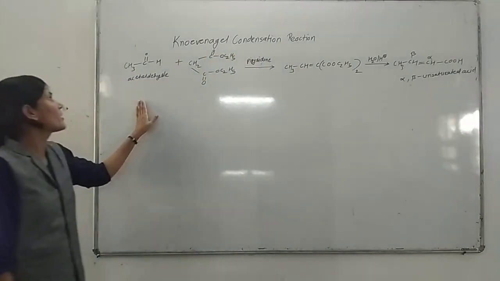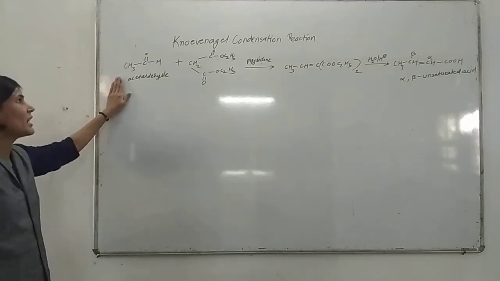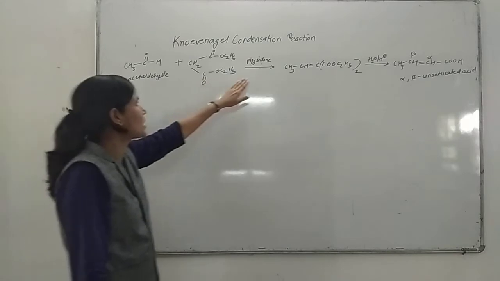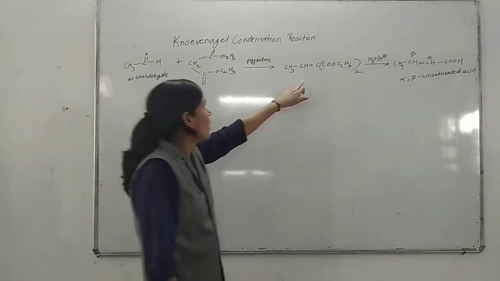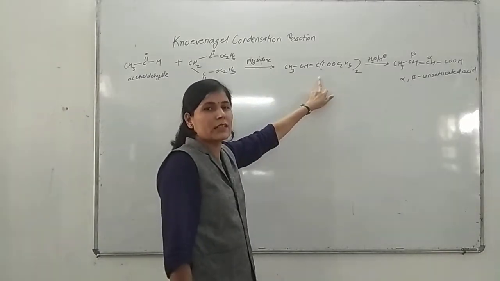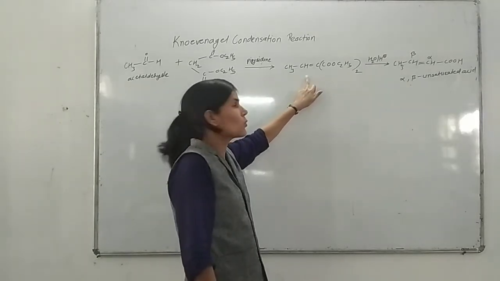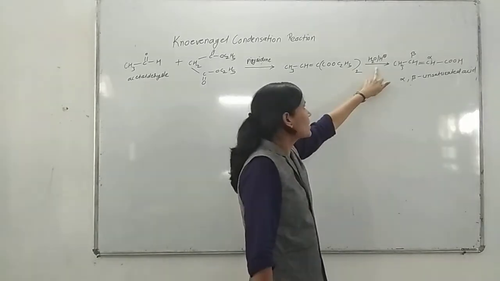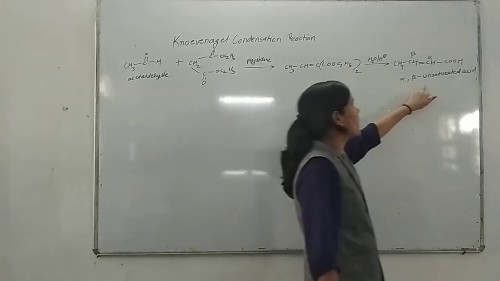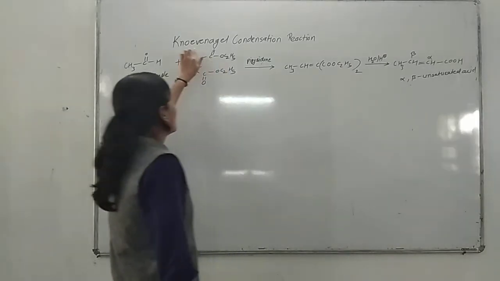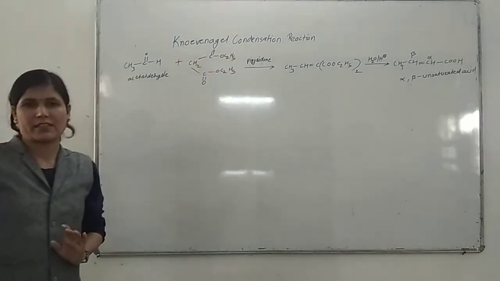I repeat the reaction. When acetaldehyde is treated with malonic ester in the presence of a base like piperidine, it gives this type of alpha beta unsaturated compound, and upon acid hydrolysis it gives an alpha beta unsaturated acid. This reaction is called the Knoevenagel condensation reaction.